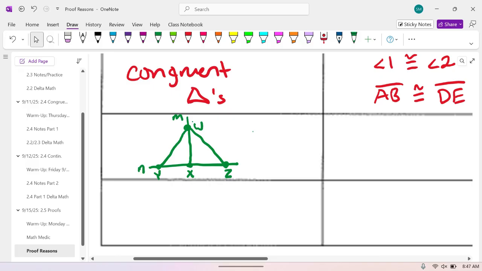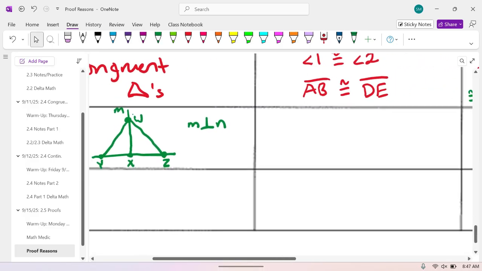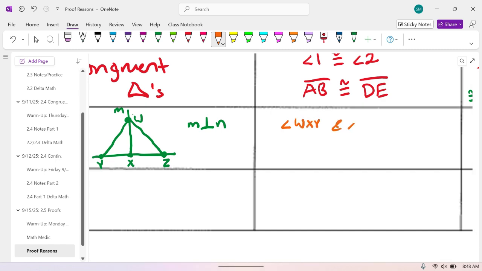And I'm going to state that M, what does that symbol mean? So I said M is something to N. What does that symbol mean? Perpendicular. All right, so that symbol means perpendicular. So if they're perpendicular, we can state that angle WXY and angle WXZ, so these two angles right here, are right angles.